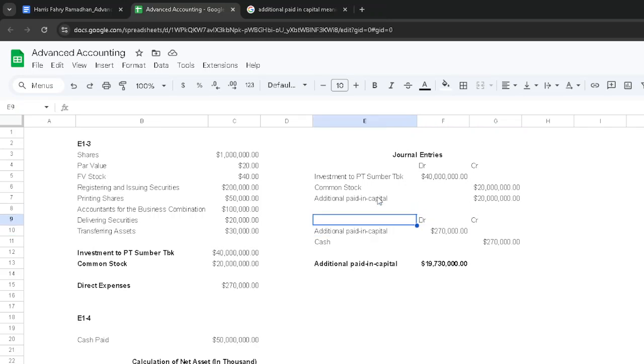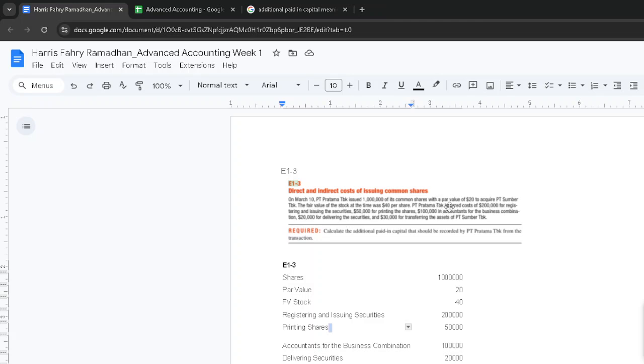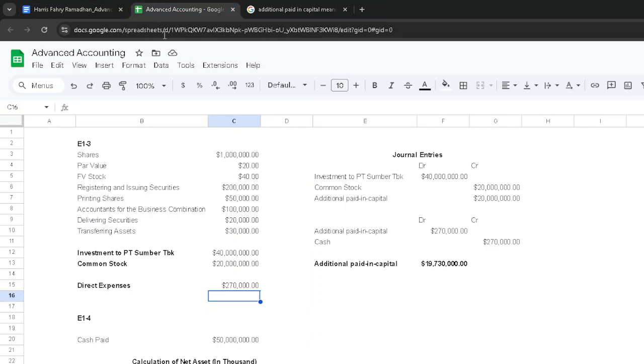There's also this journal entry that I made, which debits the additional paid-in capital and credits the cash. Where did I get this number, 270? I got it from direct expenses, which I got by adding these expenses that the question mentions. These are the costs that they incur when they are investing.